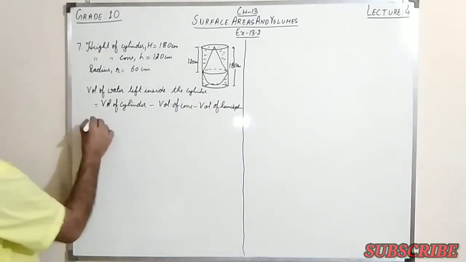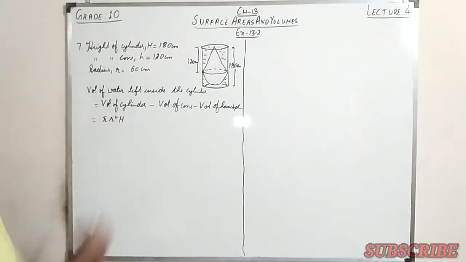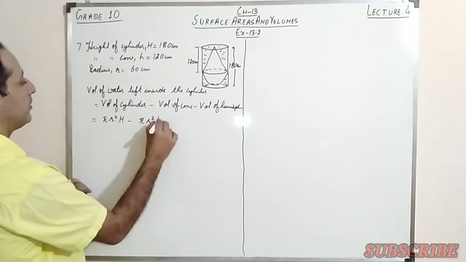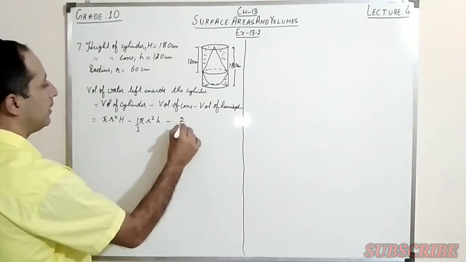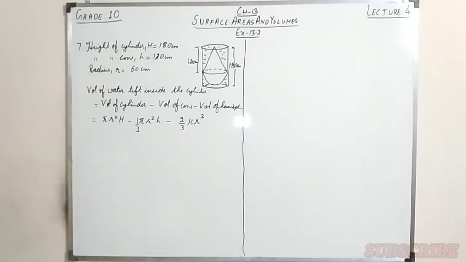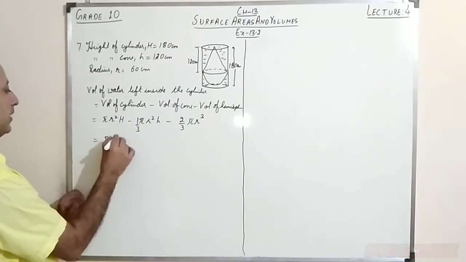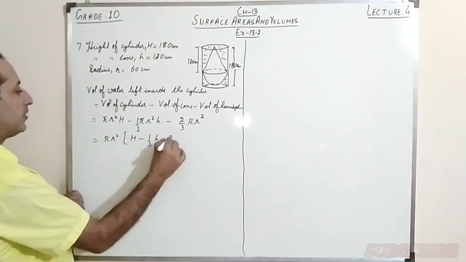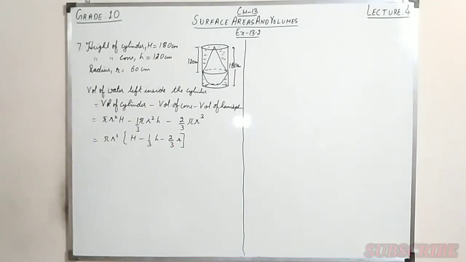So first of all, we write the formula. This is pi r square, and I'm writing capital H here. Then we have minus. This is pi r square h, 1 by 3, right? And then I have the formula 2 by 3 pi r cube. Now pi r square can be taken common here. So this is pi r square, and inside the bracket I have H minus 1 by 3 h minus 2 by 3 r, right? So let's substitute the value.